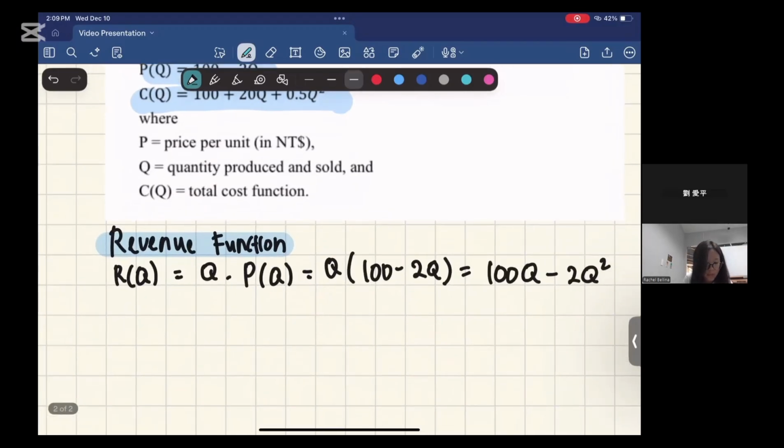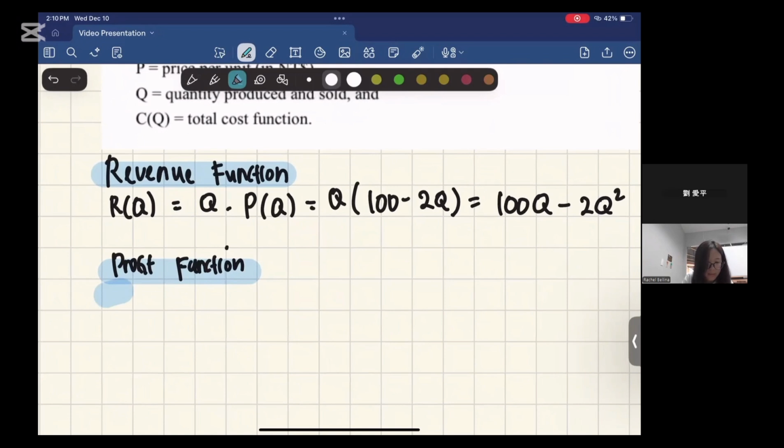And then next we need to find the profit function. Pi of Q equals R of Q minus C of Q.